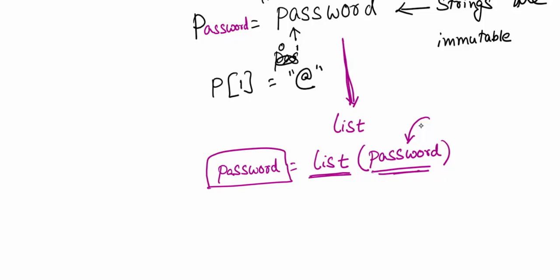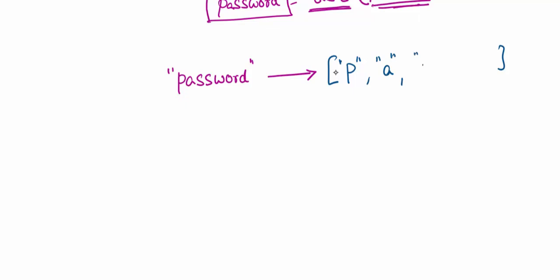So what happens when you create a list out of a string? So here is our string. When you convert this to a list, it creates a list like this with P as the first character, A as the second character, S as the third character, S again as the fourth character, so on and so forth. Password, P-A-S-S-W-O-R-D.